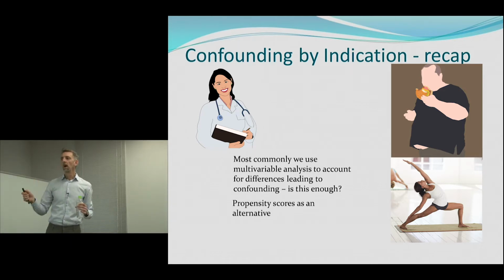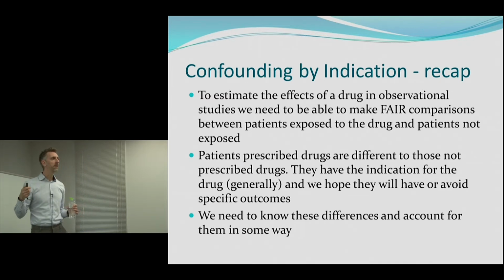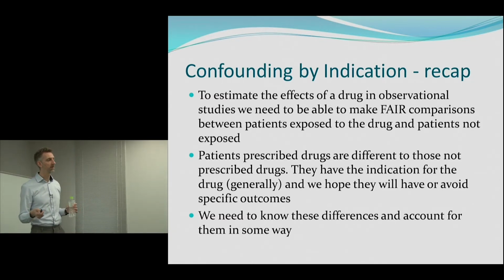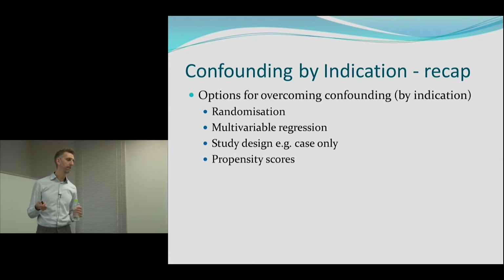I think that propensity scores are potentially one solution to this problem. So if we're going to make comparisons between people, they need to be fair comparisons. Patients who are given drugs are different to people who are not given drugs. We need to try and account for those differences as best we can and then do our analysis.